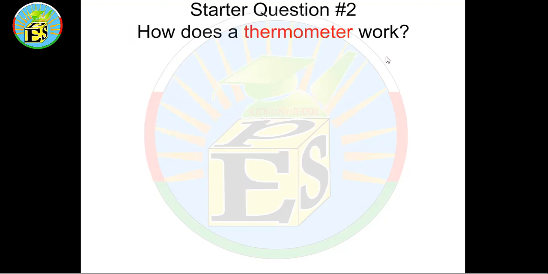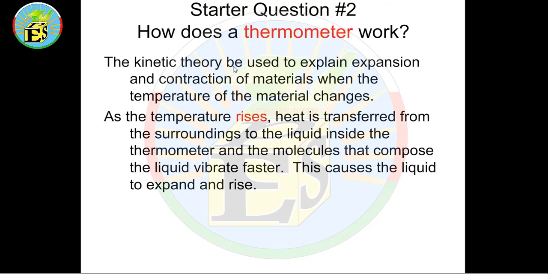How do thermometers work? The kinetic theory is used to explain expansion and contraction of matter when the temperature of the materials changes. As the temperature rises, heat is transferred from the surroundings to the liquid inside the thermometer, and the molecules that compose the liquid vibrate faster.